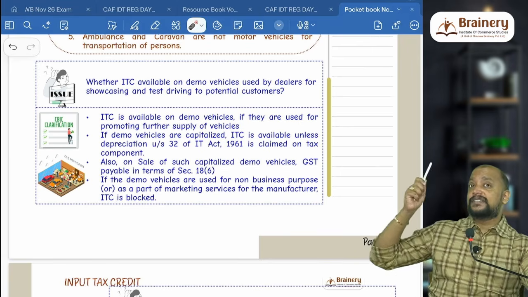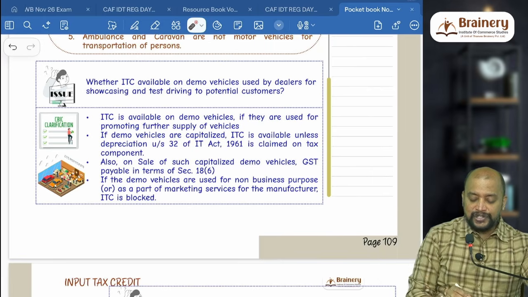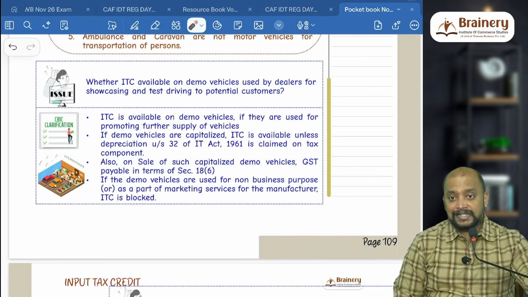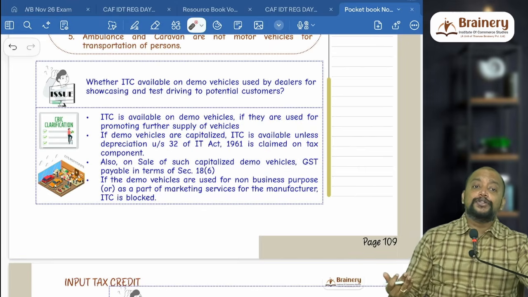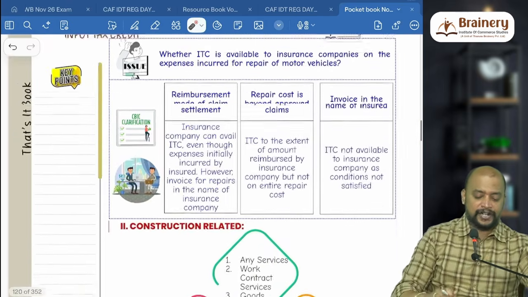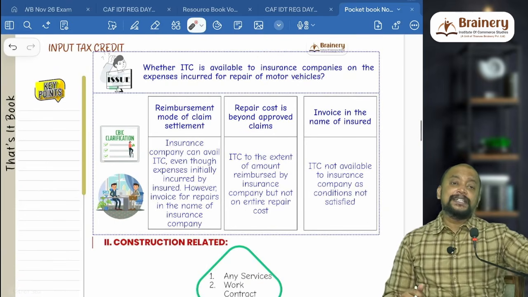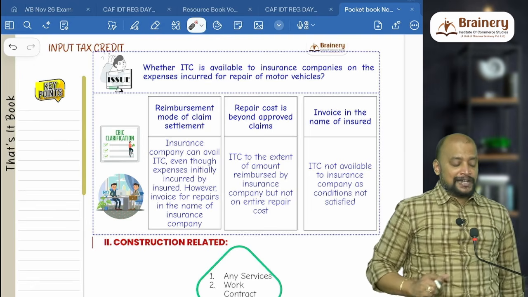And suppose this demo car is sold in future, as and when it is sold, we need to pay GST in terms of 18(6). And if this demo car is not used for business purposes or is used in marketing activities, etc., then ITC is blocked, ITC not available. Then what is the treatment of ITC on repair expenditure to the insurance company?